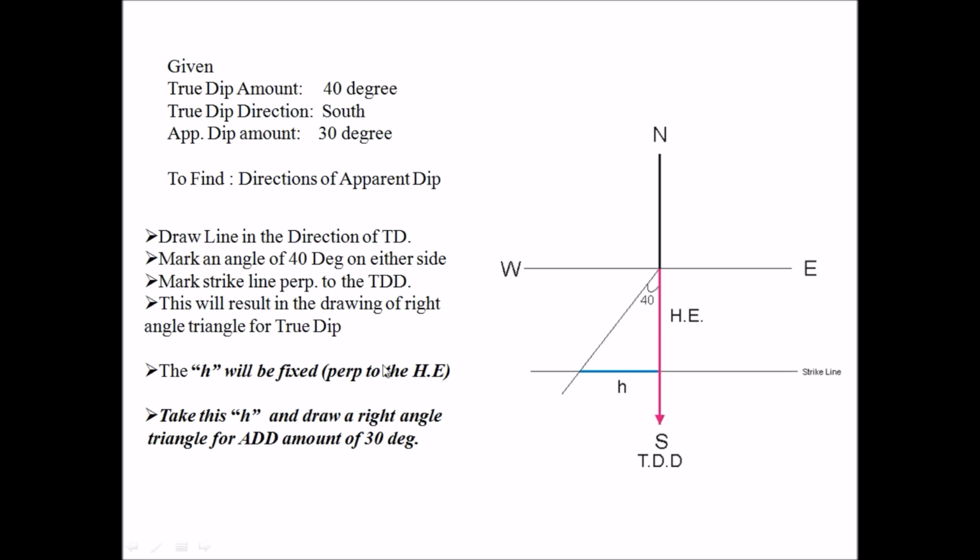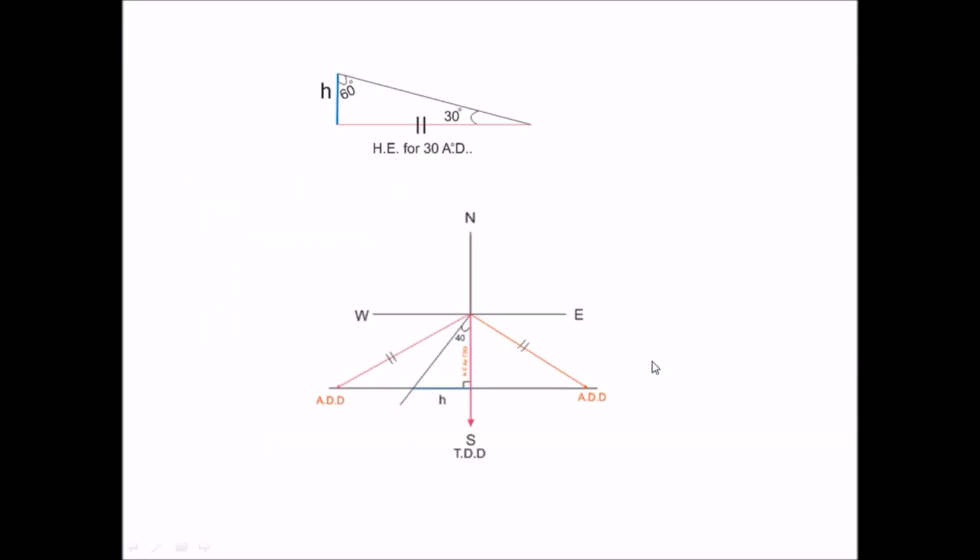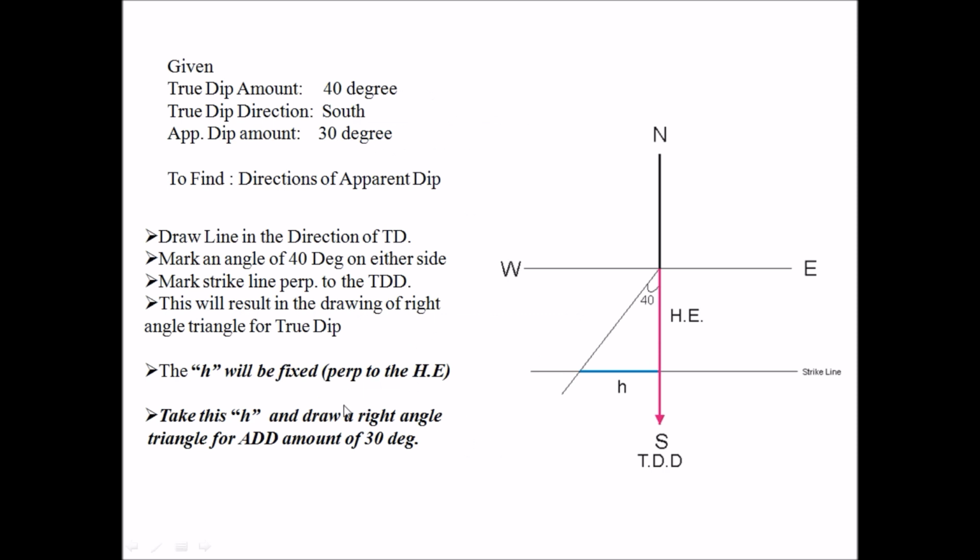Now here, by doing this, we have fixed the H, which is, as I told you earlier, perpendicular to the horizontal equivalent for the true dip direction. Now we will be taking the same H for drawing the right angled triangle for apparent dips, for apparent dip which is 30 degrees.